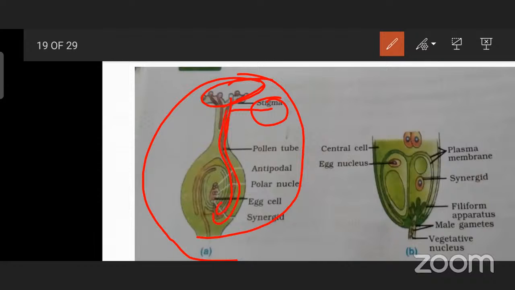See here, this is the egg apparatus. These are two synergid cells and one egg cell. In the synergid cell, you have special thickenings, these are filiform apparatus.